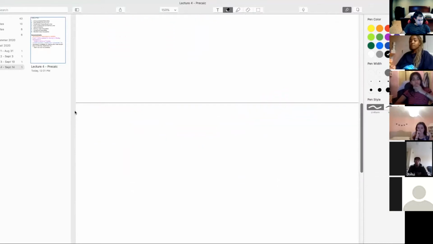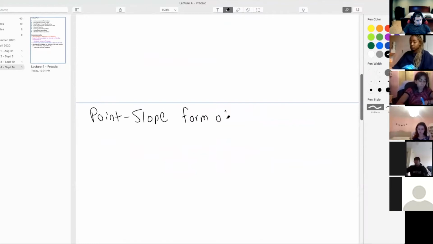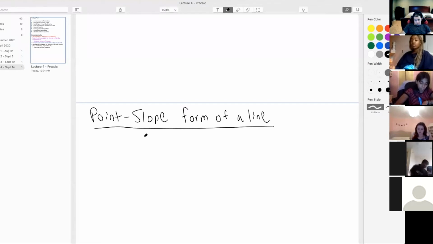All right, so we're going to start with something called point slope form of a line, okay? Last class we did y equals mx plus b form, which was slope-intercept form. We're going to do another form called point slope form, okay?